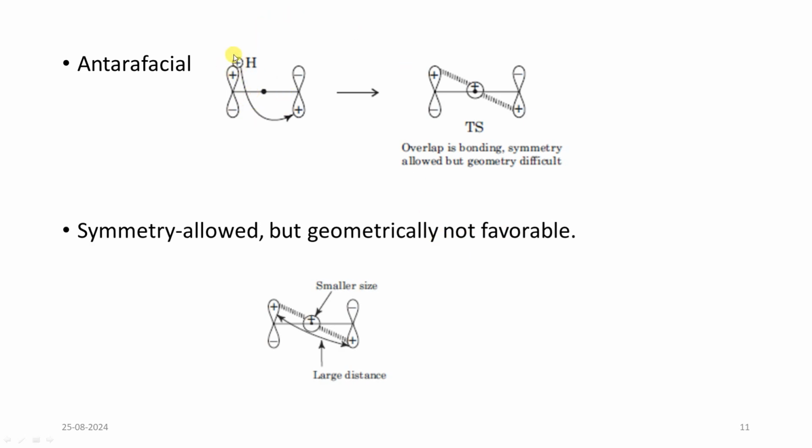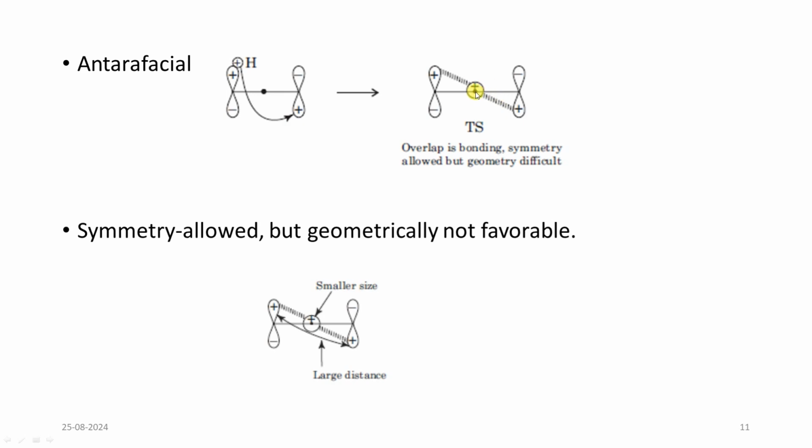Next, let us see the antarafacial migration of a hydrogen shift. Antarafacial migration is migration of the hydrogen atom on the opposite side of the pi system. Here the interaction between hydrogen atom and carbon is plus plus, which is symmetry allowed, and here this is also plus plus, symmetry allowed, but it is geometrically forbidden, because the distance between the p orbital and the s orbital is more.